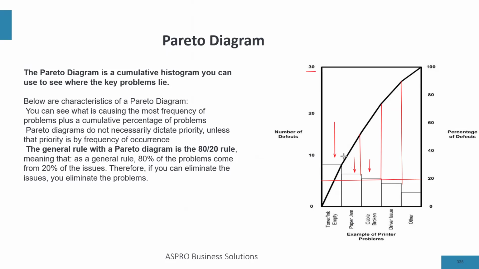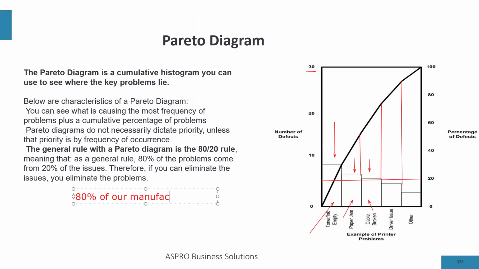So what does that mean? It means if I want to solve the printer problems, if I can solve these 3 that go above the 20%, these 3 are the issues causing 80% of our manufacturing problems.